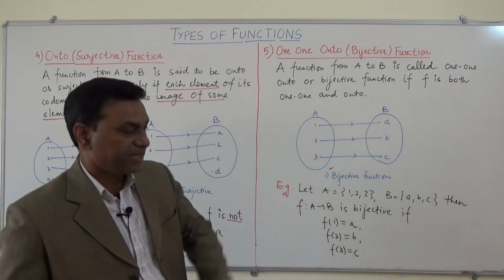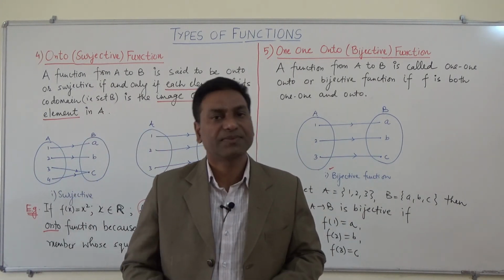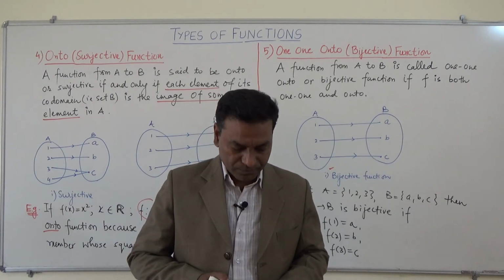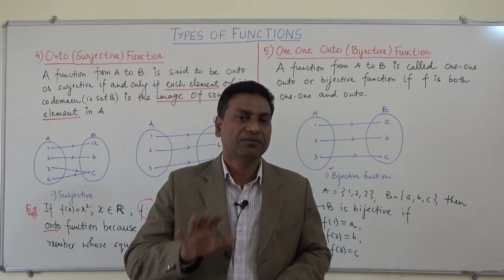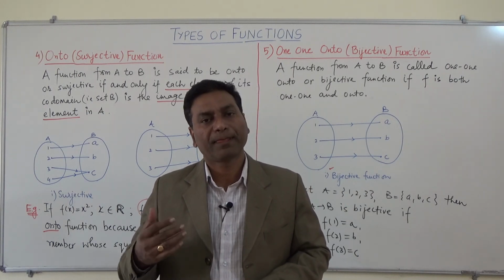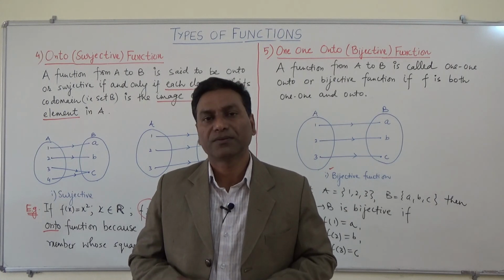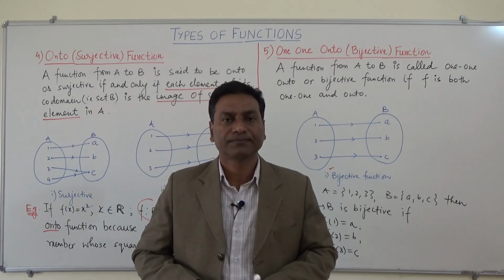In this case this function is bijective, or one-one onto. So these are the 5 types of the function. I hope that you have benefited from this lecture. Thank you.